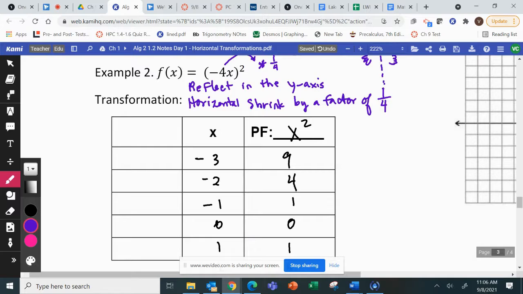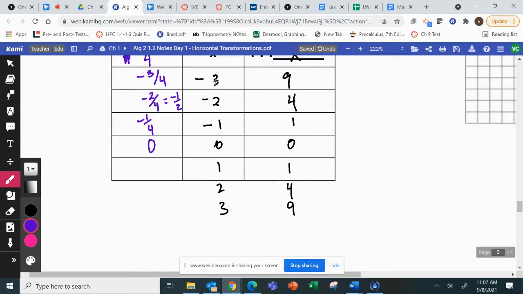So in my table, I'm going to take all of my x values and multiply them by 1/4. So I get -3/4, -2/4, which is -1/2, -1/4, 0, 1/4, 2/4, which is 1/2, 3/4.